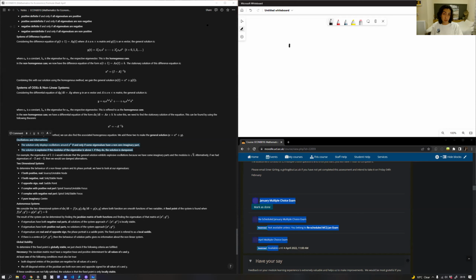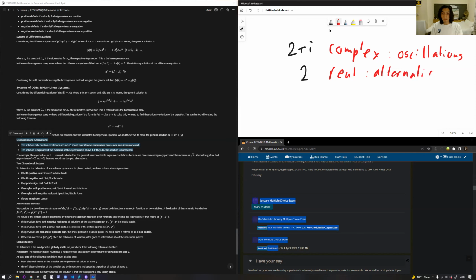So, for example, this would display oscillations, this would display alternations. So complex is oscillations and real is alternations. Is that clear?